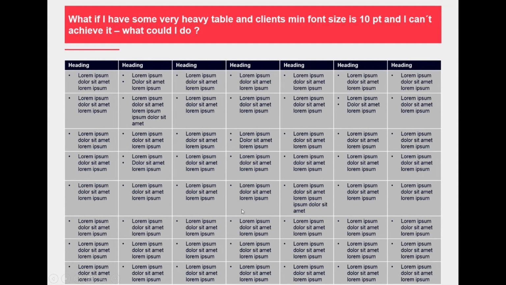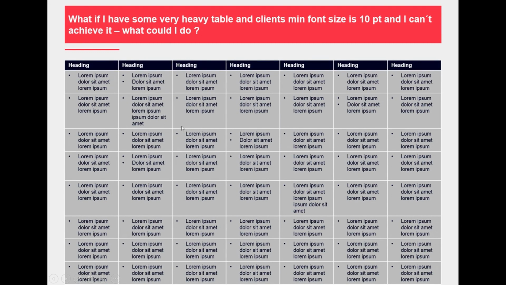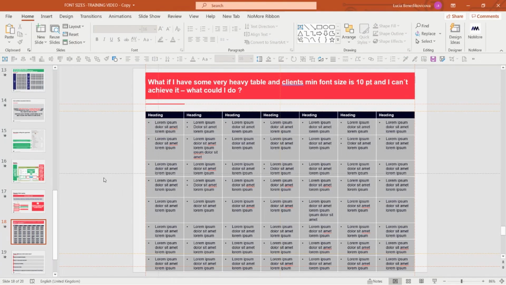Here we have a table which is very content heavy, and the client has a minimal font size of 10, and I can't achieve it even though I tried my best. So what could I do? I will try to adjust this slide as I go to show you what options we have.